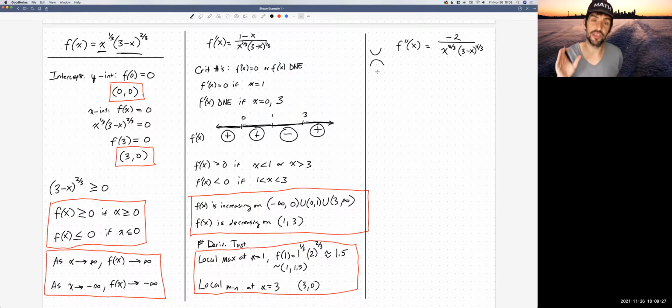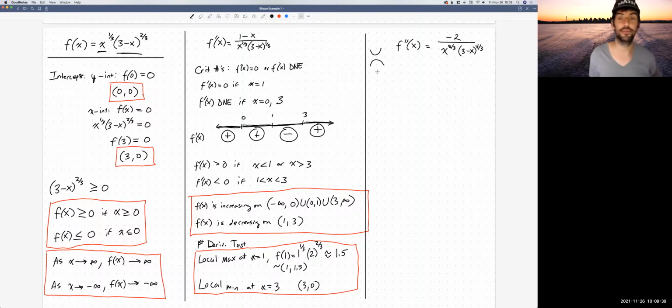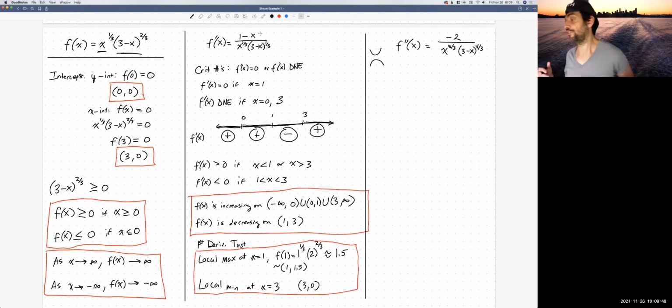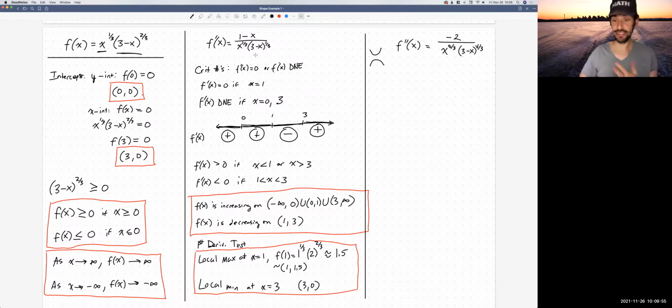When we did the first derivative, we looked for critical numbers, places where the derivative is 0 or doesn't exist. One of the reasons those are such important places, besides being locations of max and mins, is this: if our function is continuous everywhere that it exists, which this derivative is, then the places where it's equal to 0 or doesn't exist are the only places it can switch sign.